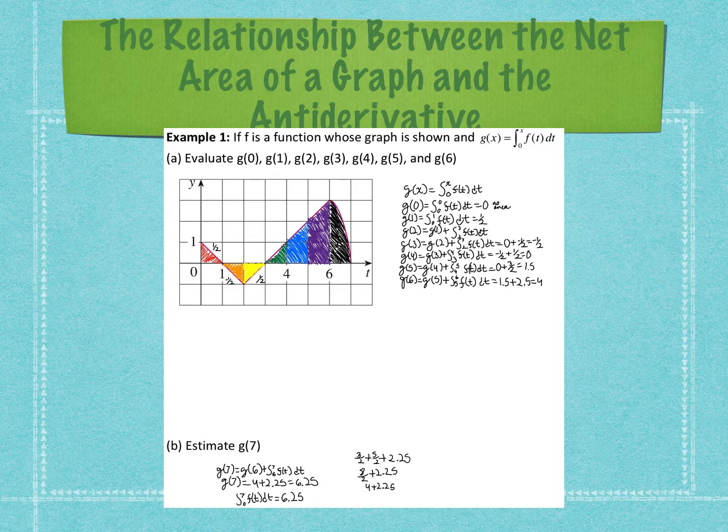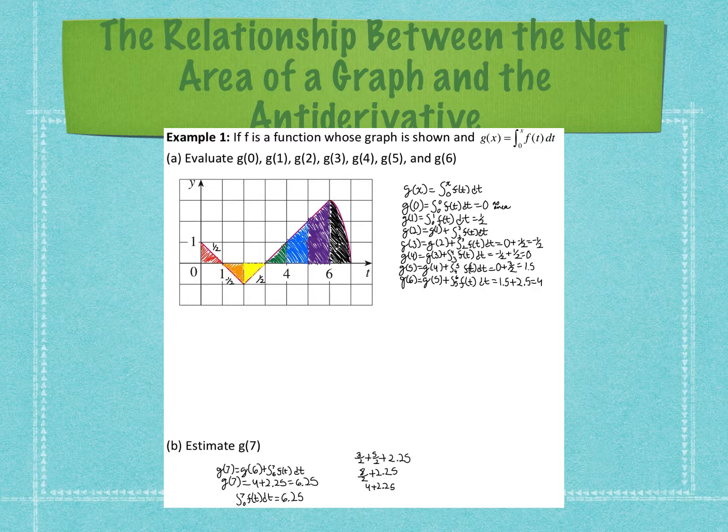And then g of 5 equals g of 4 plus the integral from 4 to 5 of f of t dt, which equals 1/2. And then g of 6 equals g of 5 plus the integral from 5 to 6 of f of t dt, which equals 4.